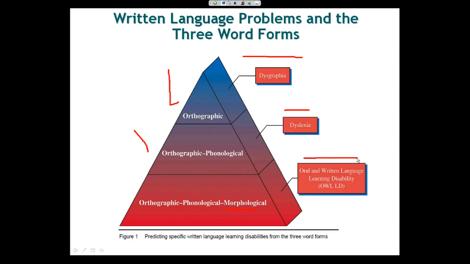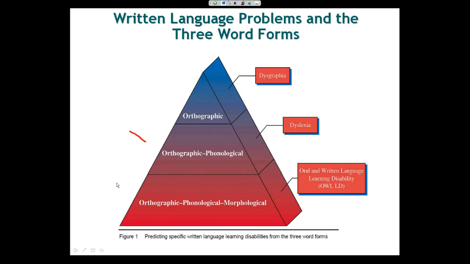What often happens is children, when we start to teach basic skills in kindergarten, first grade, second grade, students who are struggling to link the orthographic to the phonological will have a really difficult time with oral reading as well as with spelling.